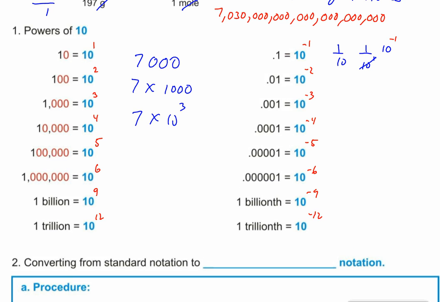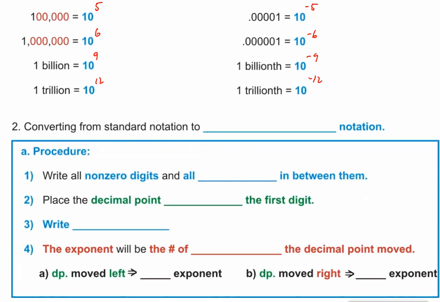So let's get down to the nitty-gritty of converting. So how do you convert from standard notation to scientific notation? I'm going to go out to the right here and put a parentheses, capital S, capital N. A lot of times we'll abbreviate it that way for scientific notation, right?